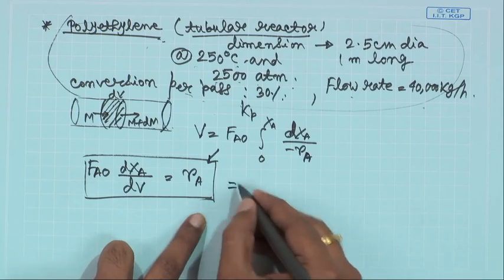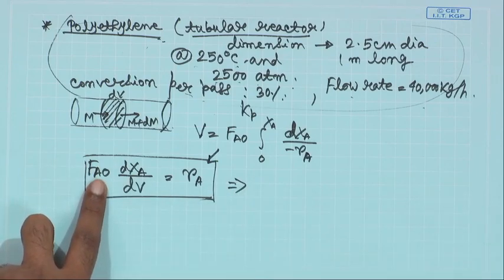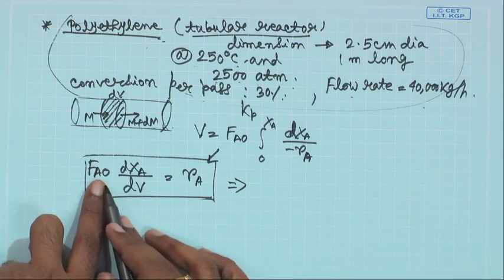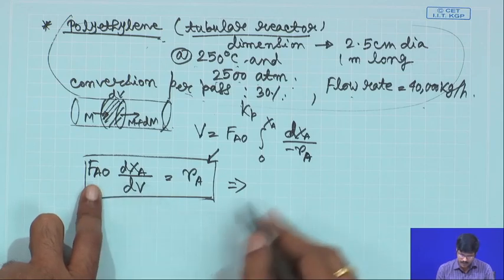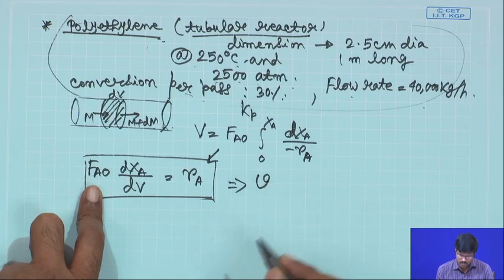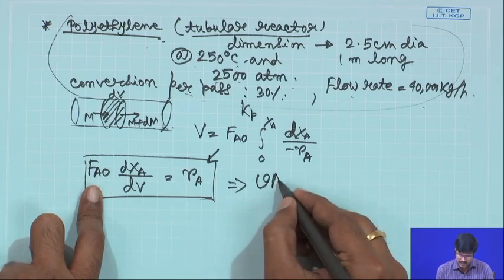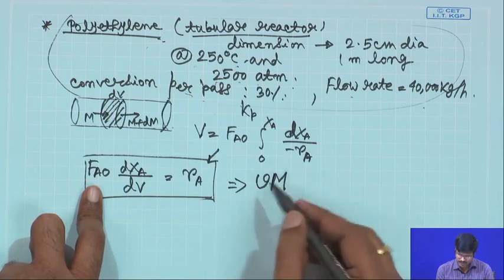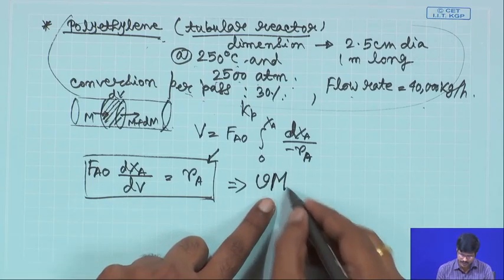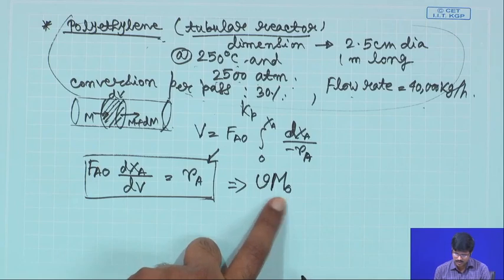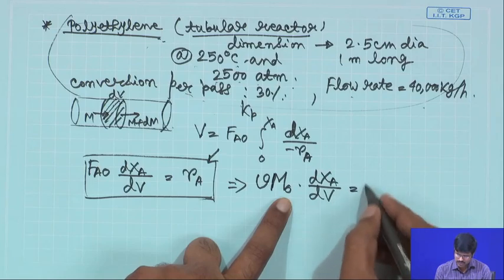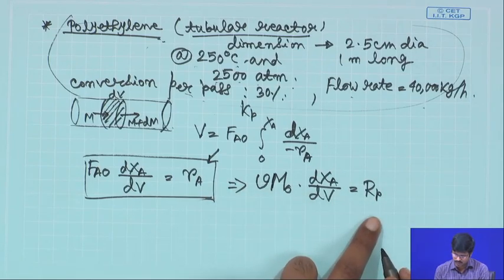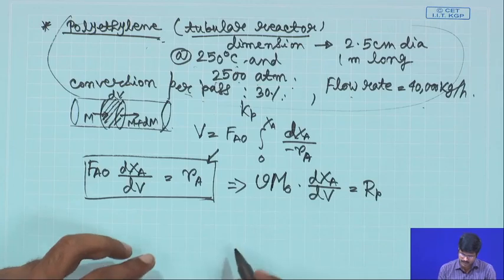From this expression your Fa0, which is the molar flow rate in, right, this molar flow rate in is basically equal to volumetric flow rate in into the concentration, in this case the concentration of the ethylene that is going in. This dxa dV equals to the rate of polymerization. Basically this is the rate of propagation, it is the rate of polymerization.